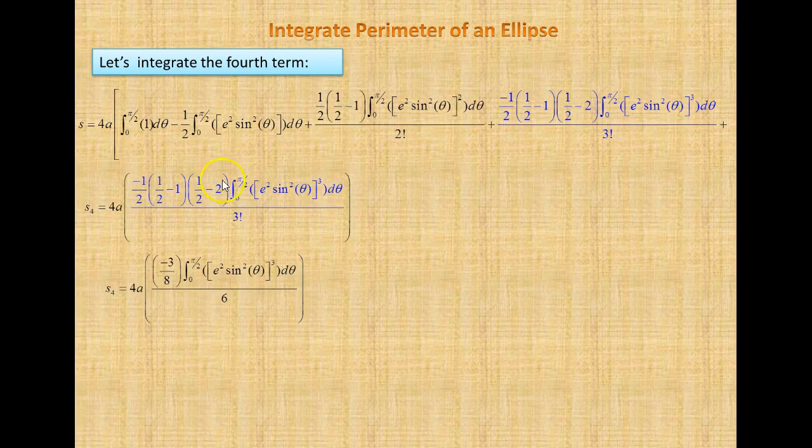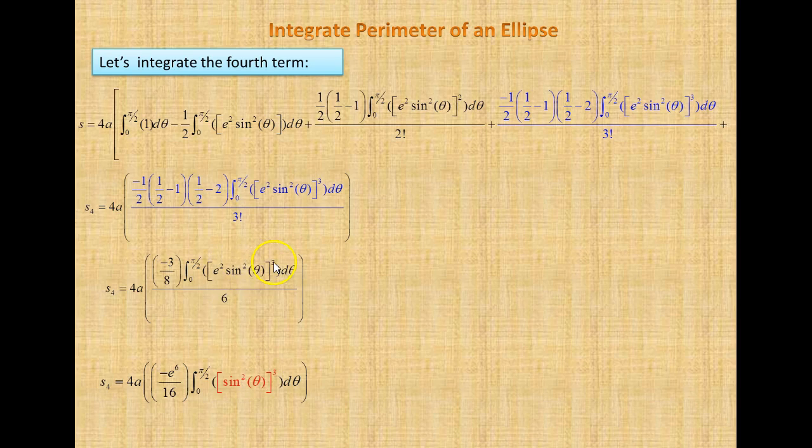We do the algebra here with the minus 1/2 and so forth, and we come up with minus 3/8. 3 factorial is 3 times 2 times 1, so that's 6, okay? So that leaves us, 3 goes into 6 2 times, 2 times 8 is 16, so that's minus e to the 6 divided by 16 times the integral from 0 to pi over 2 of sine cubed theta d theta.